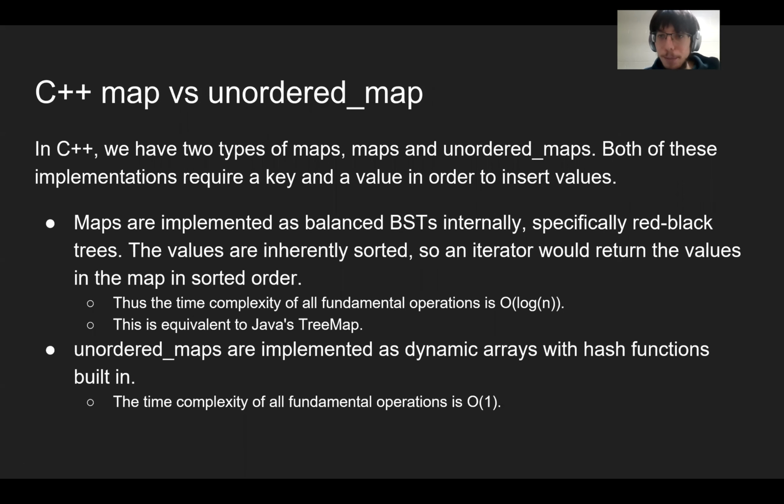So, C++ map versus unordered map. A C++ map is actually just an ordered map, right? When we create ordered maps, as you may notice in your project too, we use a balanced binary search tree.